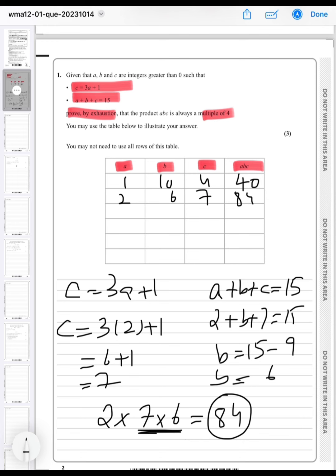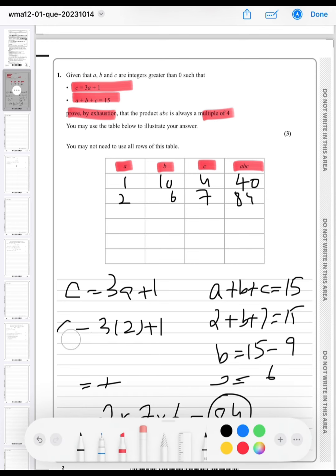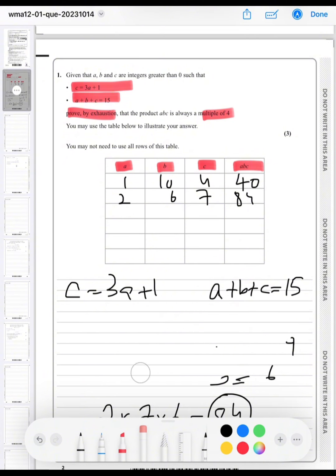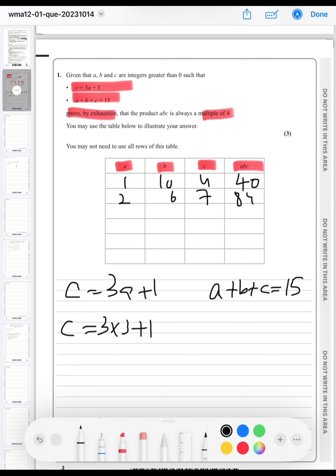Okay, now we will go for the third case. Let's suppose I will try for 3. There you go. 3 3s are 9, plus 1 is 10, and b equals 15 minus 3 minus 10, which will result in 2.